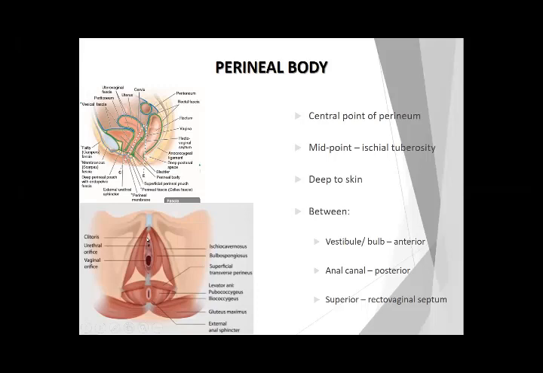So this entire area is the vestibule, which is simply a common opening for the urethra and the vagina in the females. So anterior to the perineal body is the vestibule, and posterior to the perineal body is the anal canal.